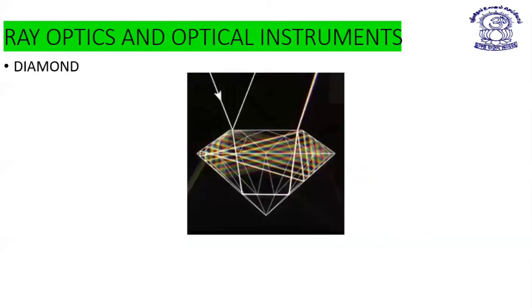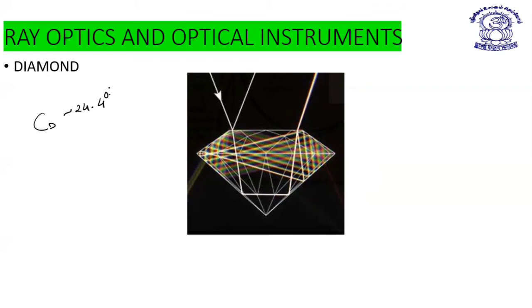The next application is brilliance of diamond. The brilliance of diamond is due to total internal reflection of light. The critical angle for diamond is very small, approximately 24.4 degree. So once light enters a diamond, it undergoes total internal reflections inside.